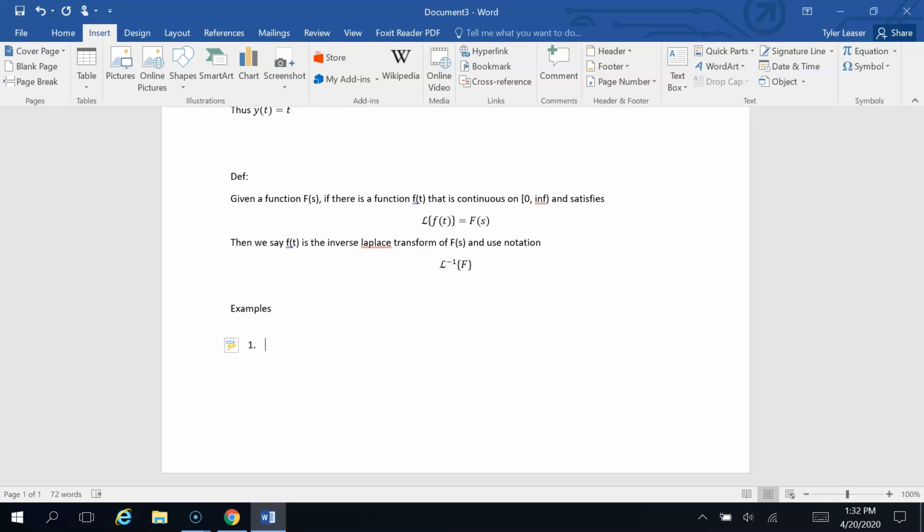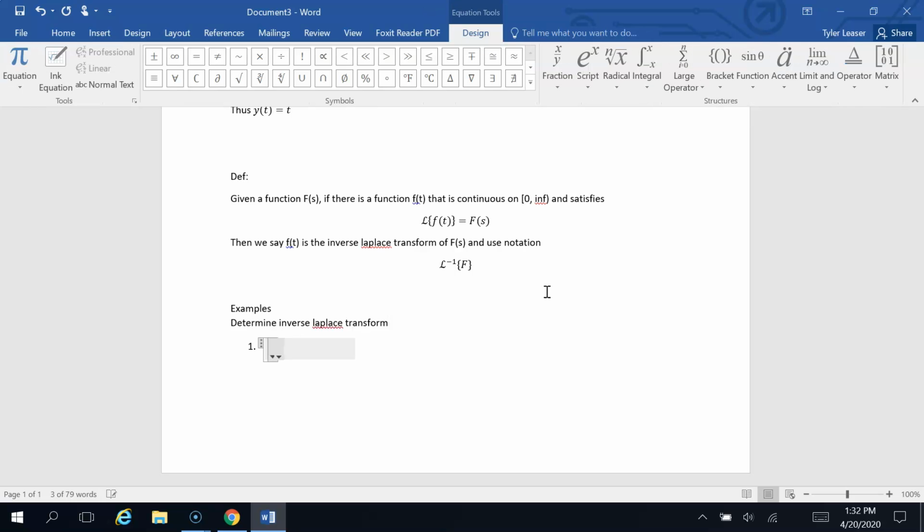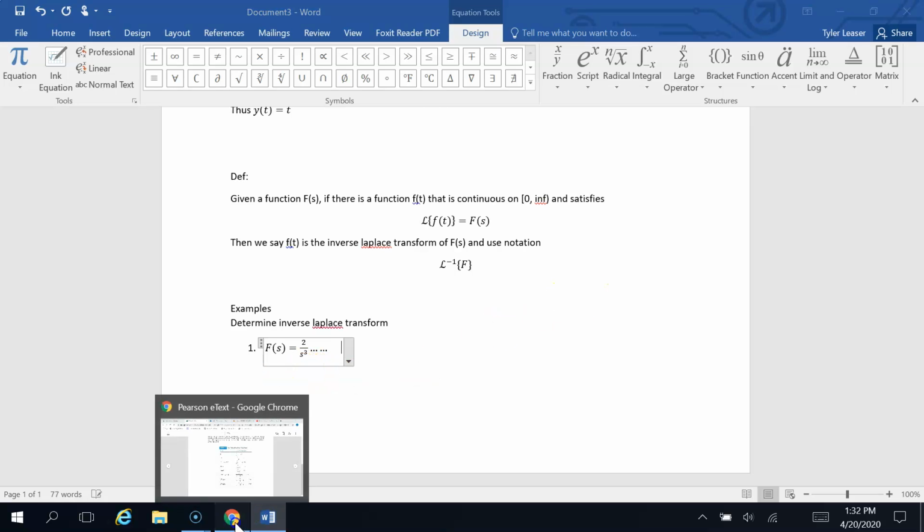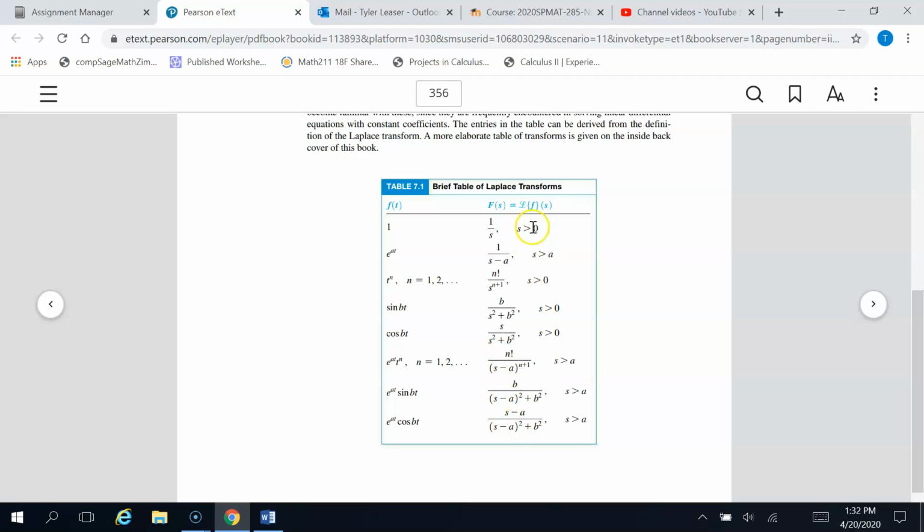Okay, so the first one, all we want to do for these is determine the inverse Laplace transform. The first one that we want to try is, let's say that the Laplace transform is 2 over s cubed. So we're going to go to our table, and we want to look at the right-hand side to see if we can find anything that looks close to 1 over s to some exponent.